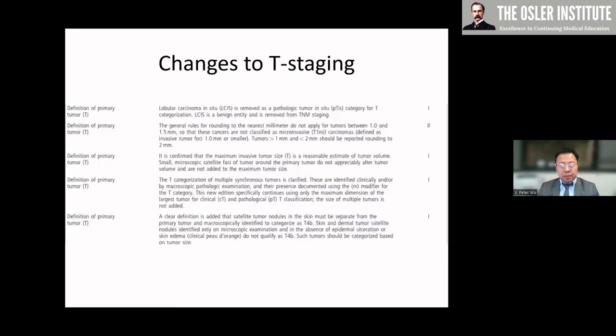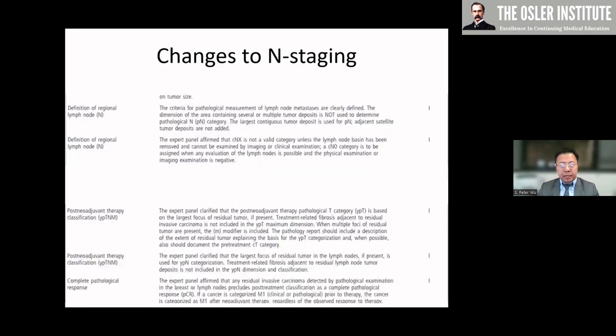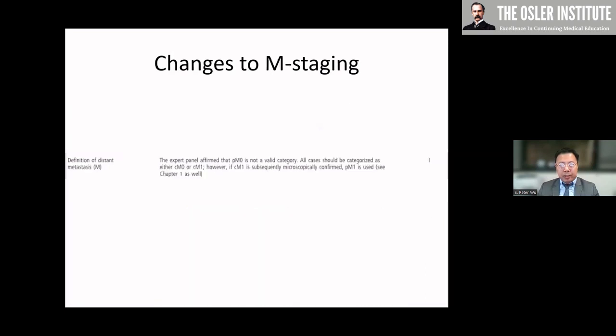And so all these put together, we have some important changes to T staging that are summarized here, and changes to N staging that are summarized here. We could go into the nitty-gritty details, but I don't think it's a great use of time.